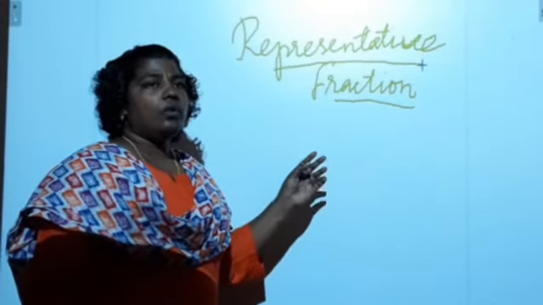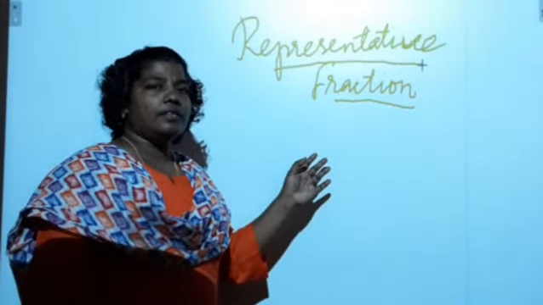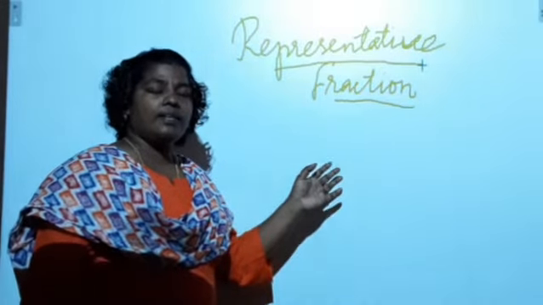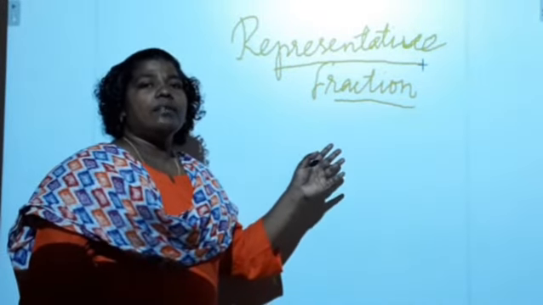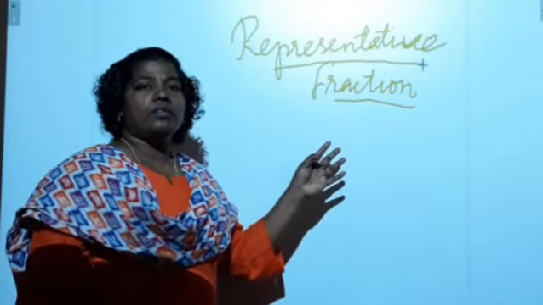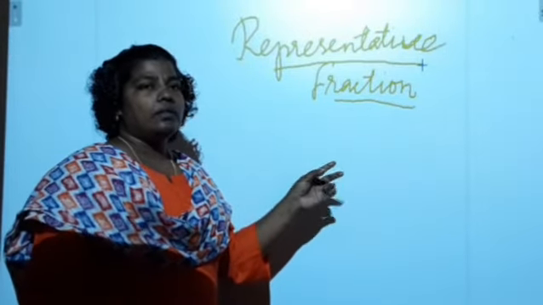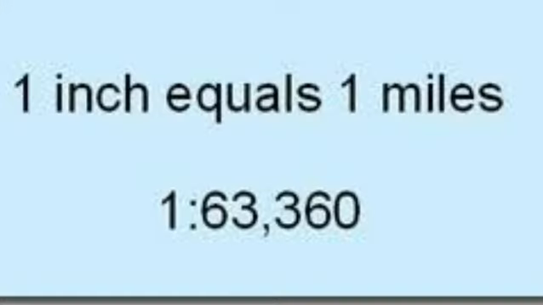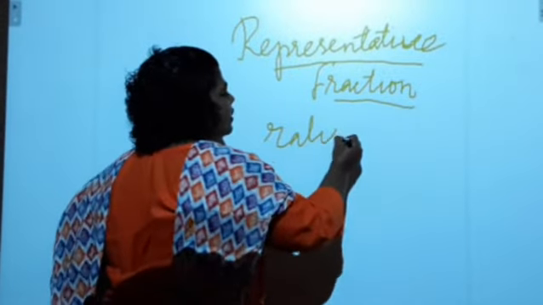So 50,000 kilometers on the ground will be noted as 1/50,000. It is the representative fraction given in the ratio method.